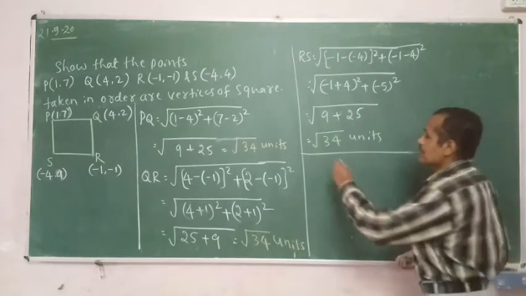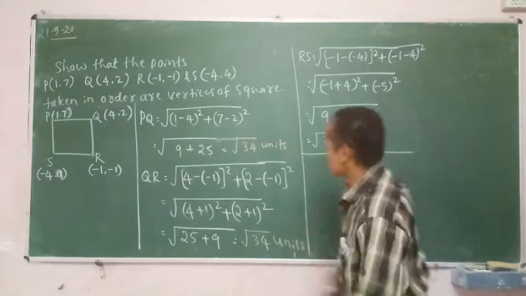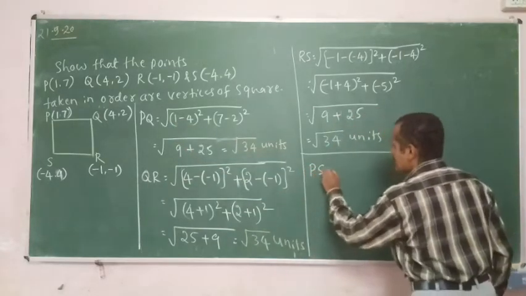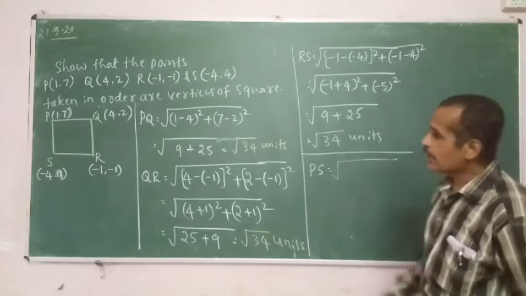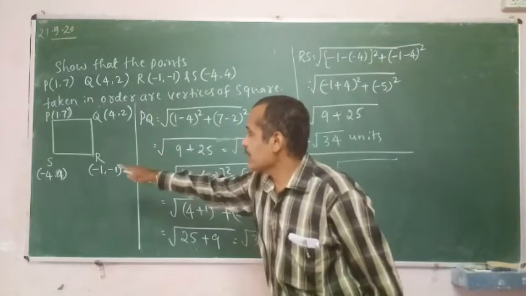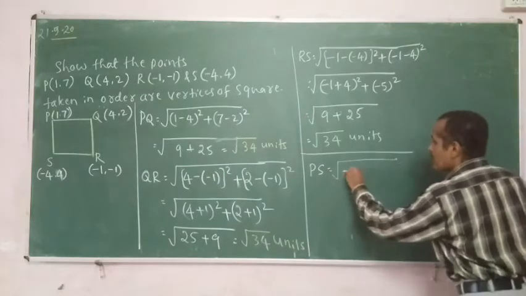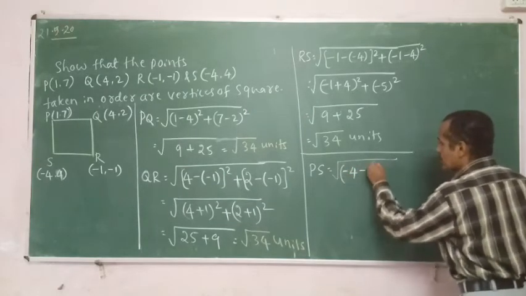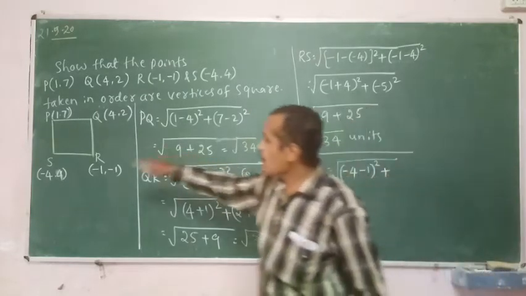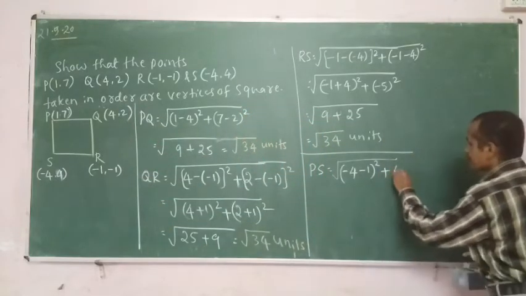Let me find the length of the last, PS. PS is equal to under root of (-4 minus 1) the whole square plus (4 minus 7) the whole square.